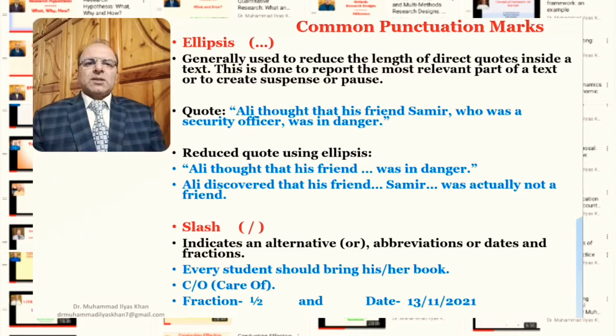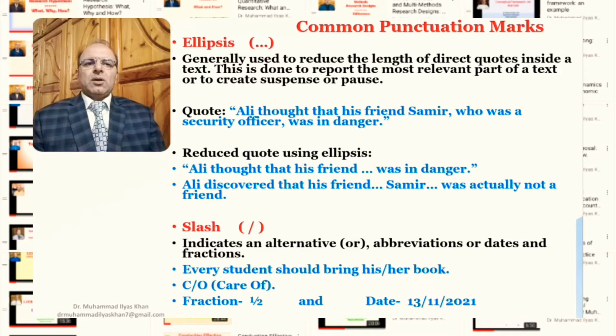The last one, the slash, indicates an alternative or. So in some cases we can use it instead of writing or, we use this symbol slash. Abbreviations or dates and fractions. So every student should bring his / her book.